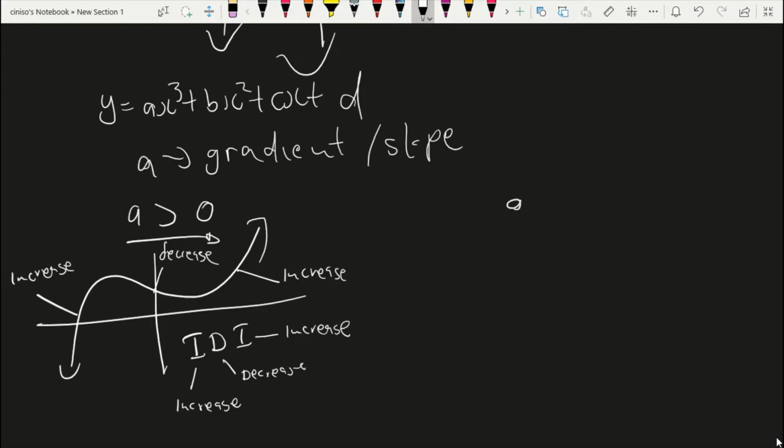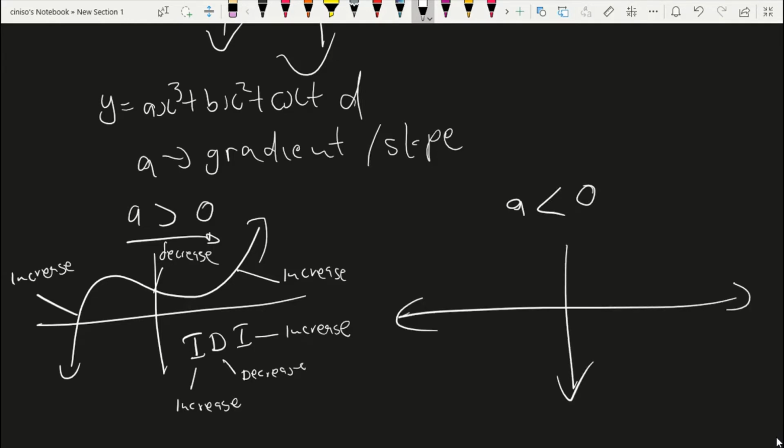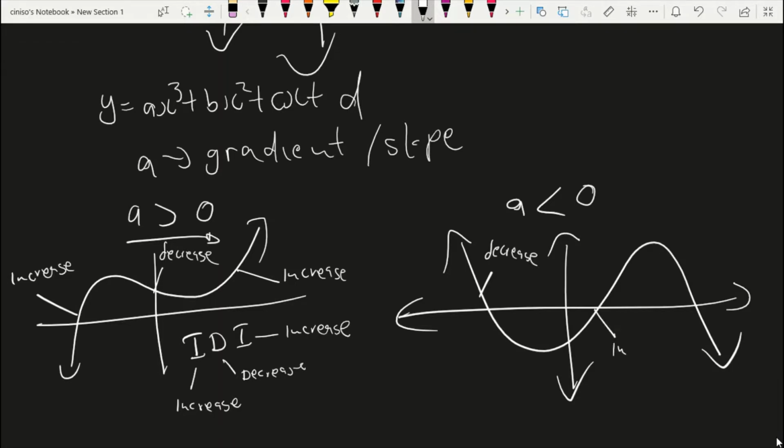And then now if your value of a is less than 0, then you have a cubic function like this, where you can see that your cubic function is decreasing, and then here it's increasing, and then here it's decreasing, right?